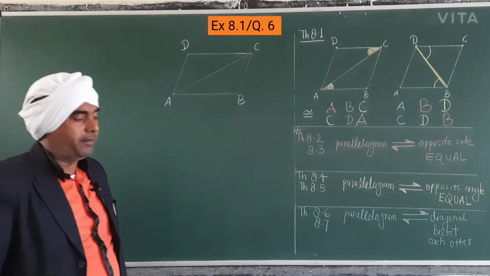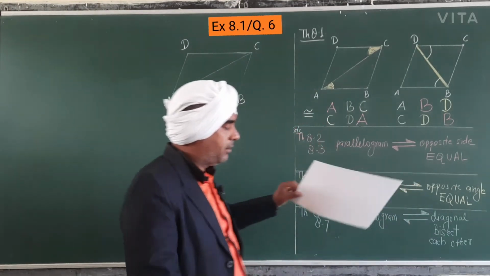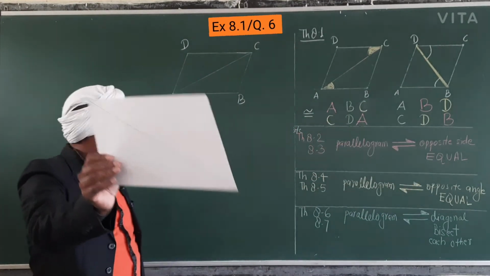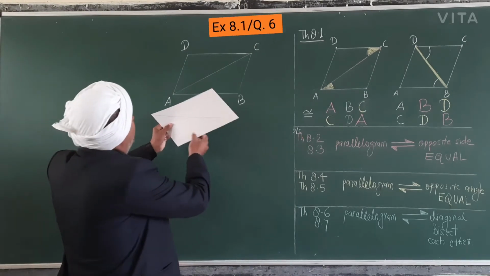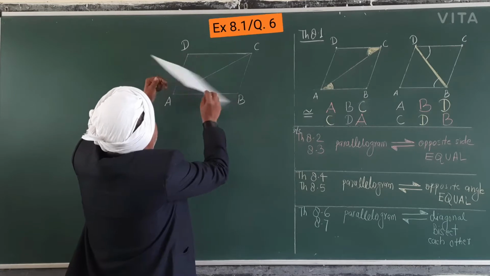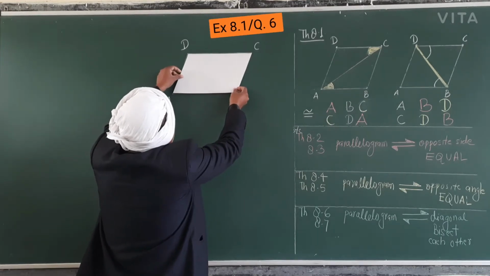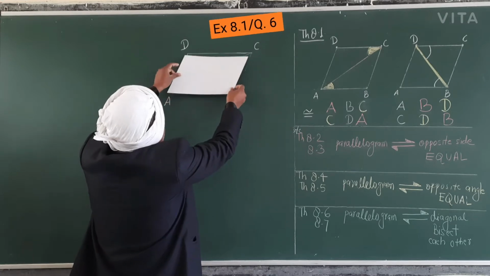What does it mean? Actually, I have made this triangle in my hand also. The same triangle here, you can see. It is in this way.